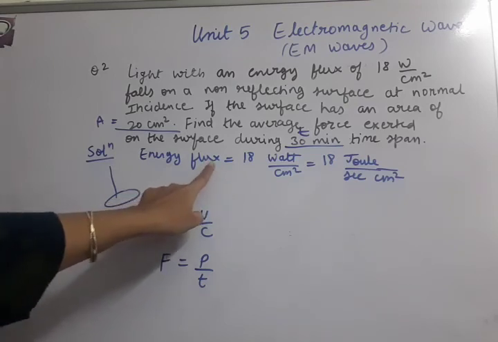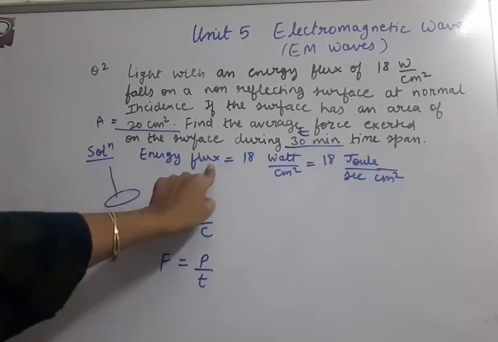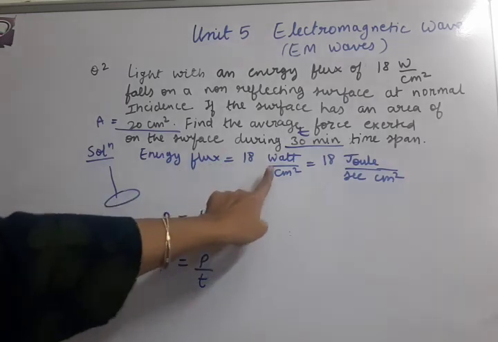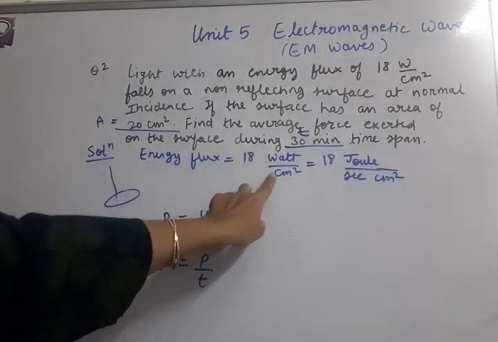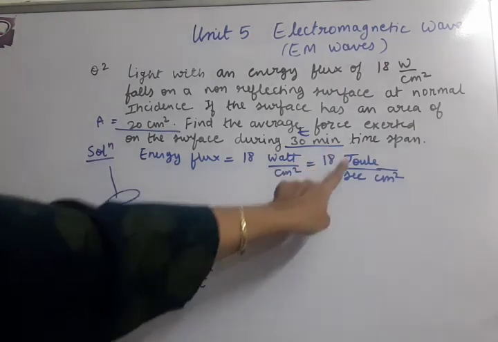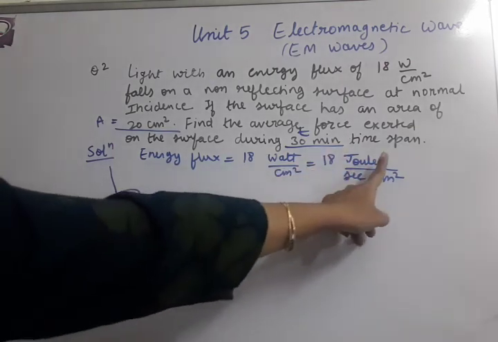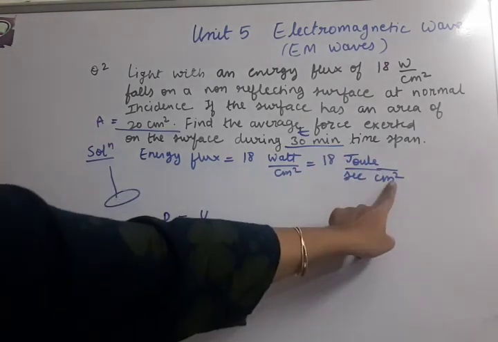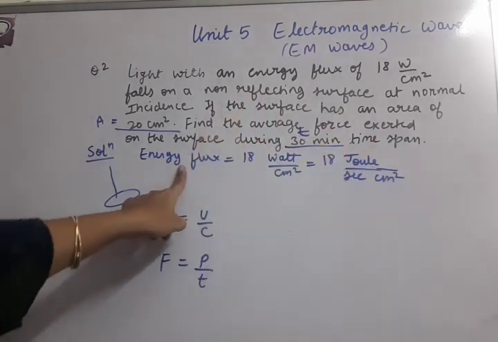Energy flux. Now what is energy flux? That you can identify with the help of its unit. Watt upon centimeter square is the unit. Watt means joule per second. So actually energy falling per unit time per unit area is called energy flux.